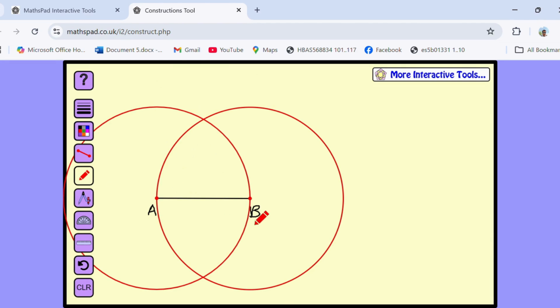Now these two circles intersect at C and D.